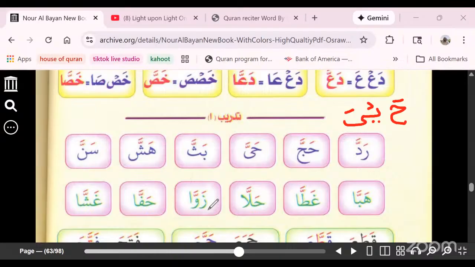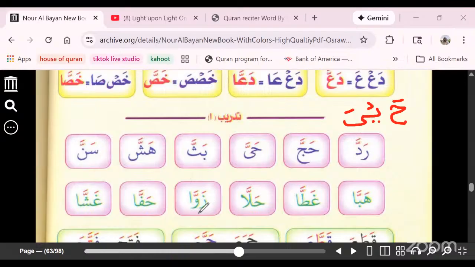Zawa. Don't do that. You have removed the shadda. You have to do the waw sukun before you do the waw fatah. Zawa.